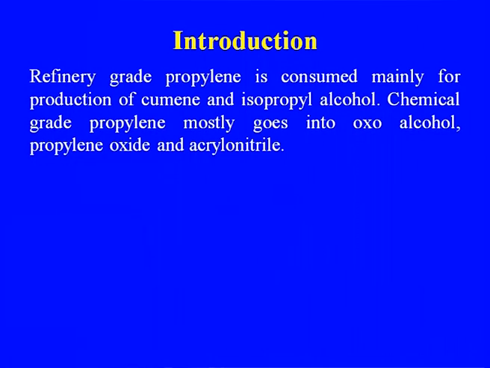Chemical grade propylene mostly goes into oxo-alcohols, propylene oxide and acrylonitrile. Another important outlet for propylene is the manufacture of acrylonitrile, because the conventional process using acetylene has been replaced by the propylene and ammonia process.